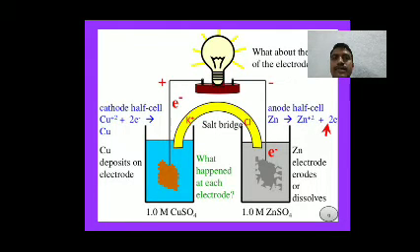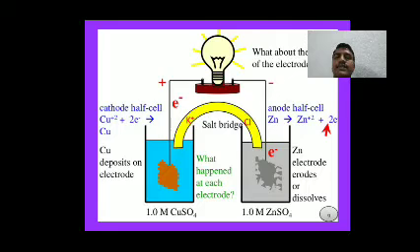The anodic half cell and cathodic half cell, these two half cells are connected with a salt bridge. The two half cells are connected by an inverted U-shaped tube called a salt bridge.